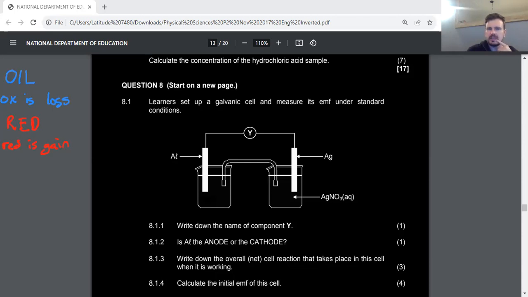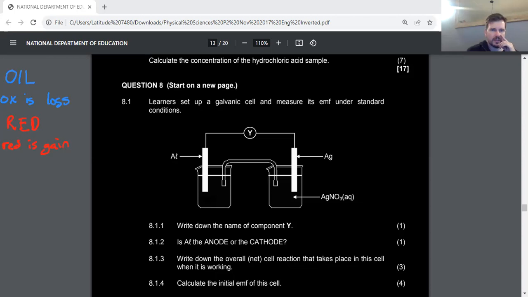The galvanic cell makes current. A galvanic cell basically converts chemical energy into electric energy, whereas an electrolytic cell is one where it does the opposite. It takes electricity and converts it to chemical energy.